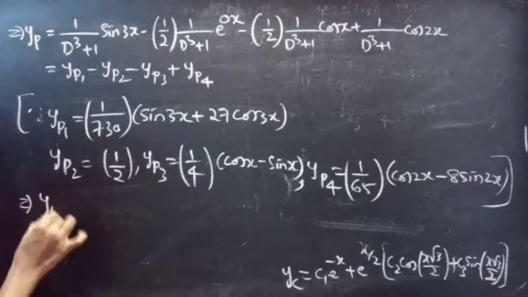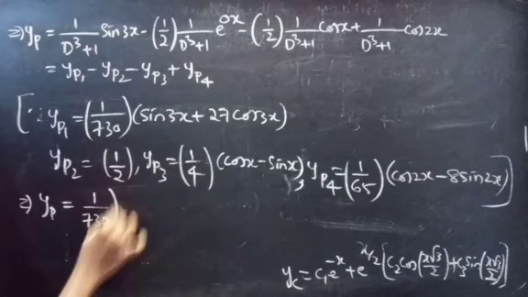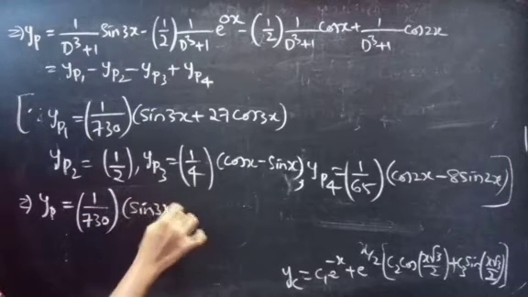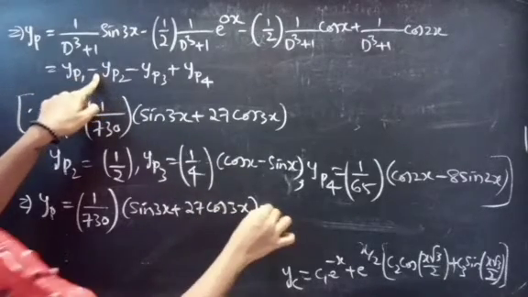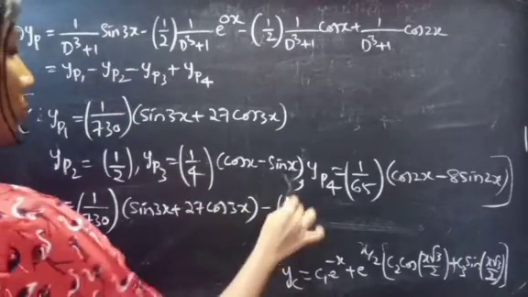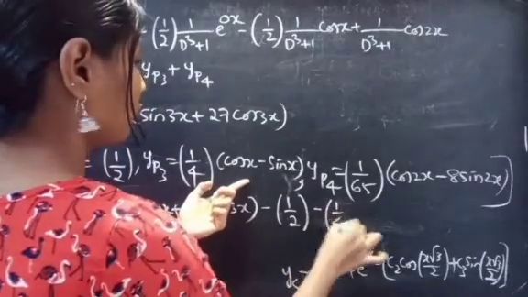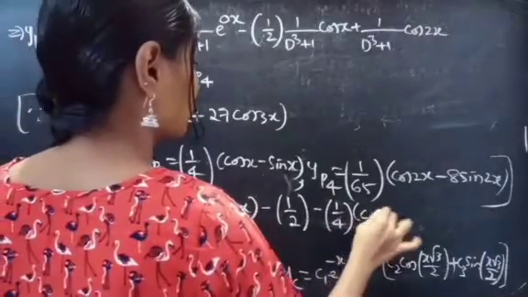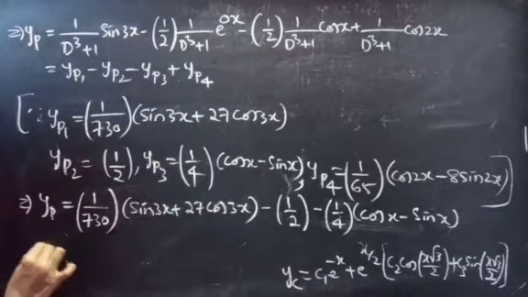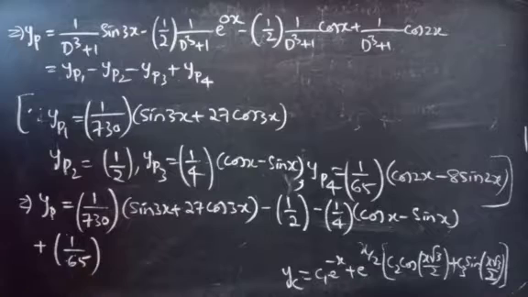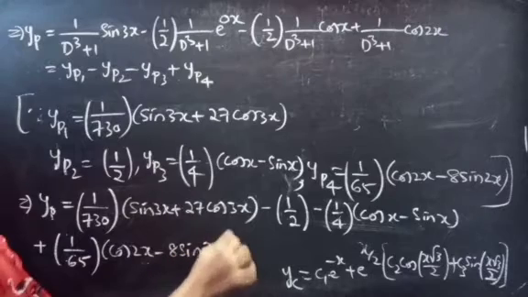Then yp equals the result obtained from yp1, 1 by 730 into sin 3x plus 27 cos 3x, minus the result obtained from yp2, 1 by 2, minus the result obtained from yp3, which is minus of 1 by 4 into cos x minus sin x, plus the result obtained from yp4, which is plus 1 by 65 into cos 2x minus 8 sin 2x.